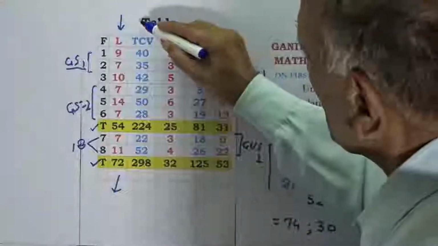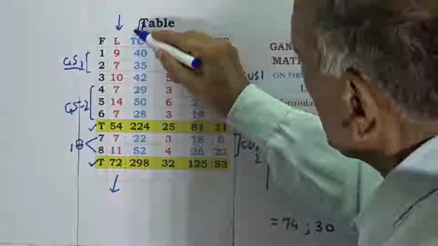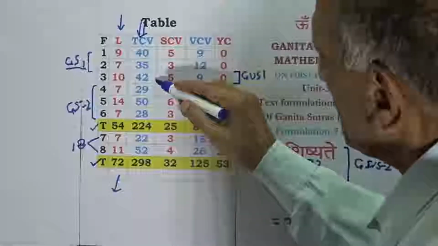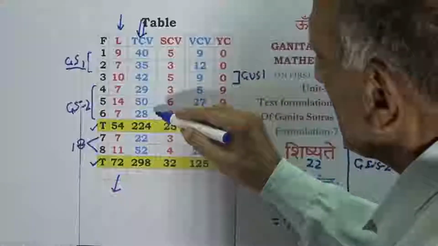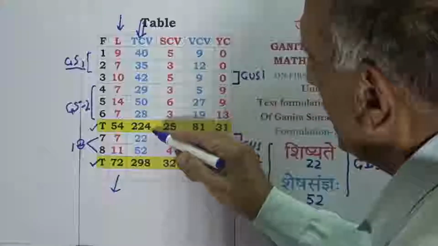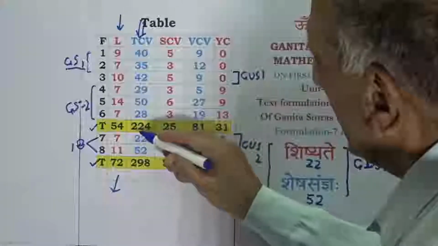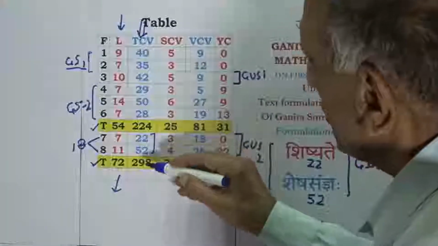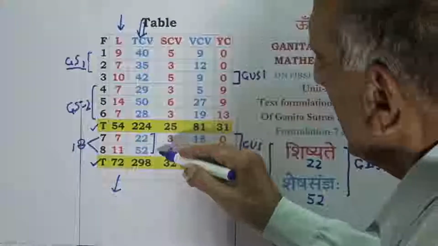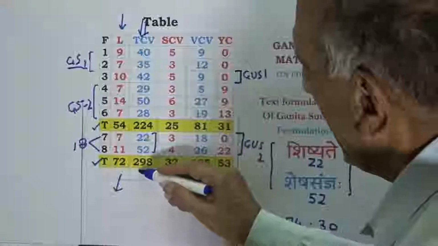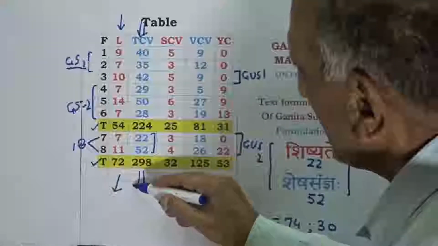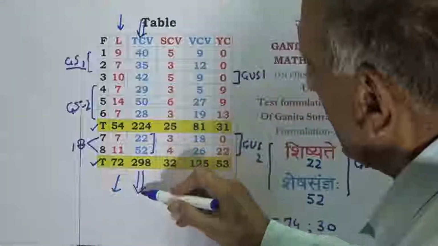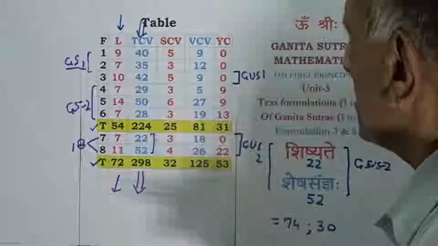Now the second flow stream of TCV values is going to be 40, 35, 42, 29, 50, 28, making a sum of 224, and the 7th and 8th, Shishyate Shesha Sangya, leading to values 22 and 52, a total value 74, and the grand summation value of the second stream of TCV values of these 8 formulations comes to be 298.